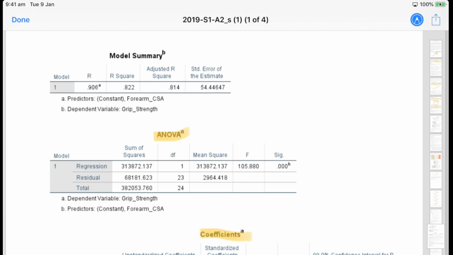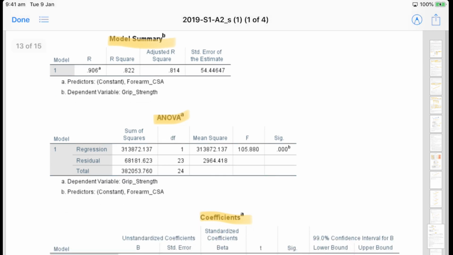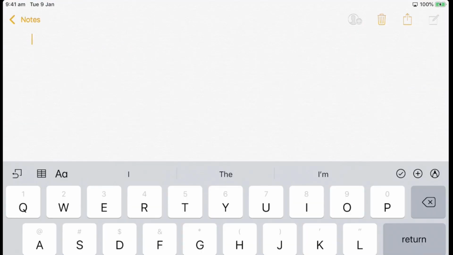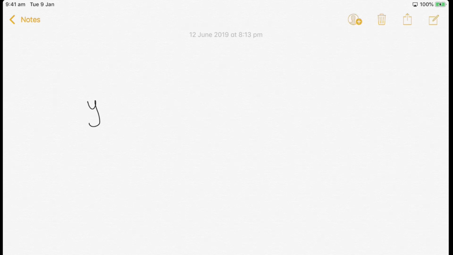Okay, what are they? Let's go through them and see what we need. First of all, we want to write the linear regression equation. The linear regression equation looks like this: Y hat is equal to B0 plus B1 times X. So B0 is the intercept and B1 is the slope.